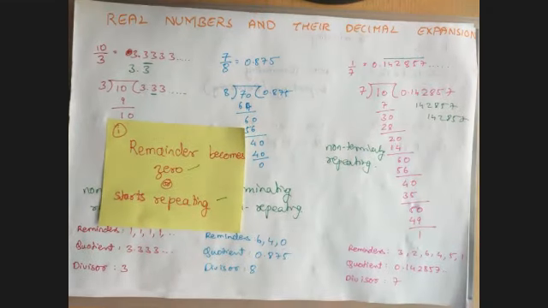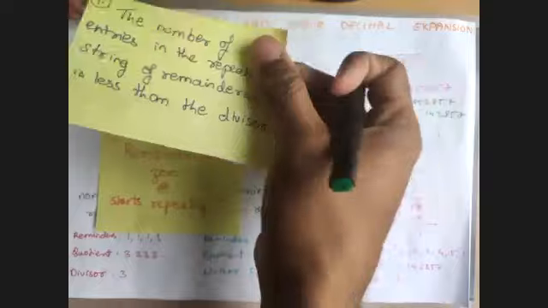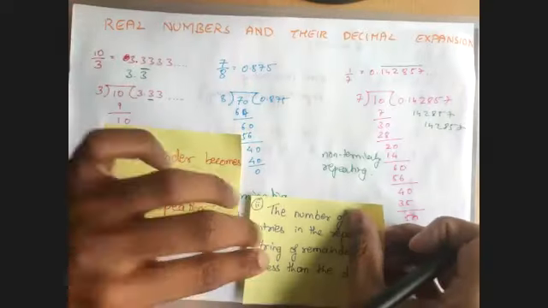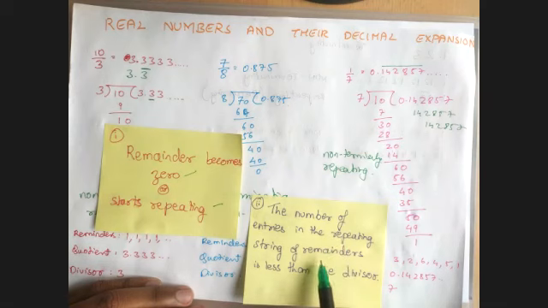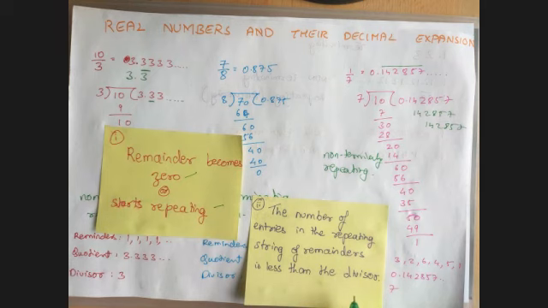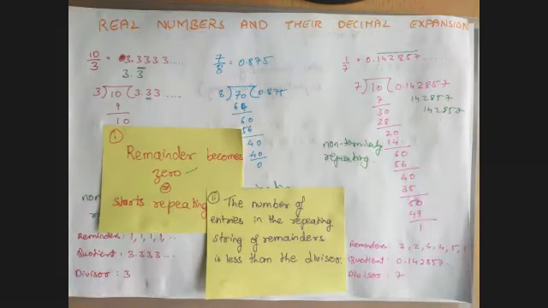And I observe another case: the number of entries in the repeating string of the remainder is less than the divisor. Okay, this is a big sentence. It is difficult to understand. So I'll make this simpler.